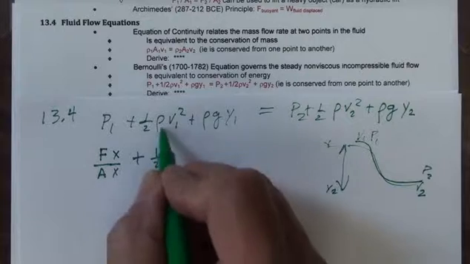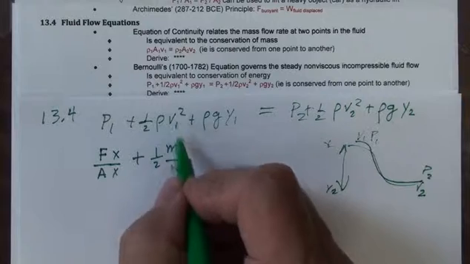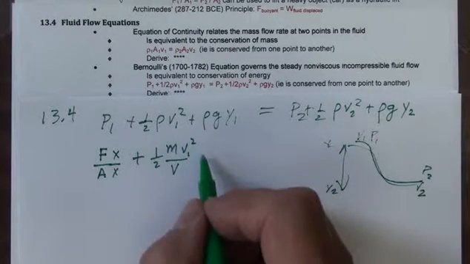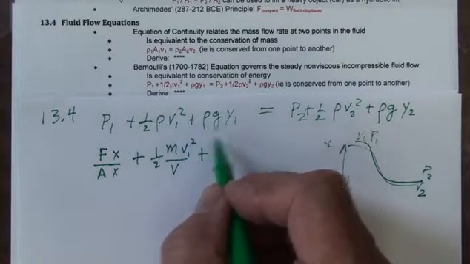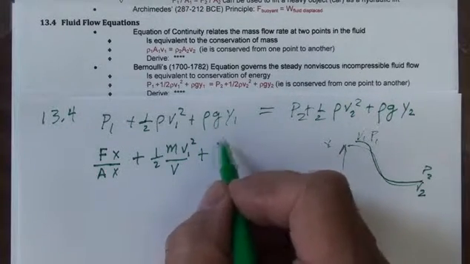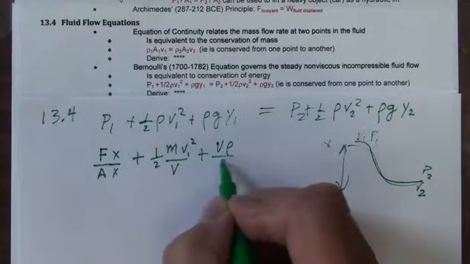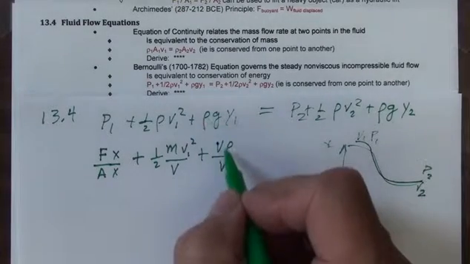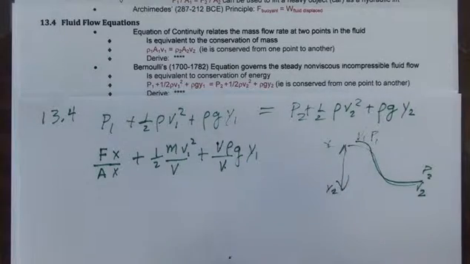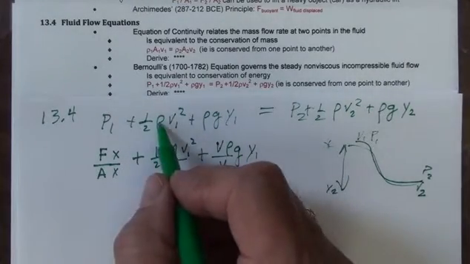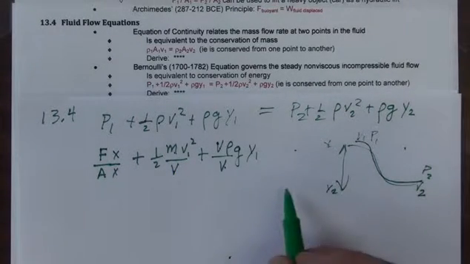I'm going to take this density and write it as a mass divided by a volume. And I'm going to do the same thing here, multiplying by volume and dividing by a volume, times G times Y1. And of course here, I just wrote the density as a mass divided by a volume. I could do the same thing over here, which I'll do in a moment.